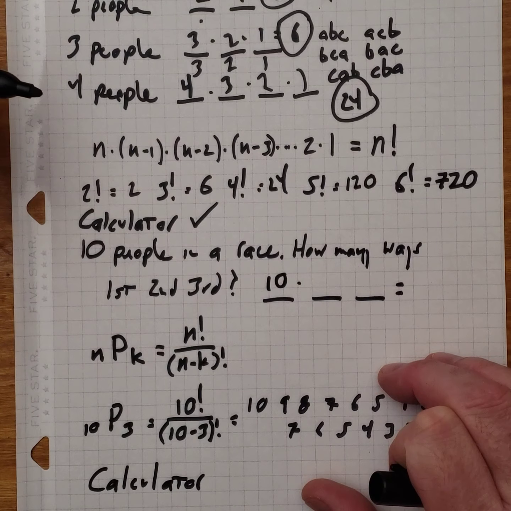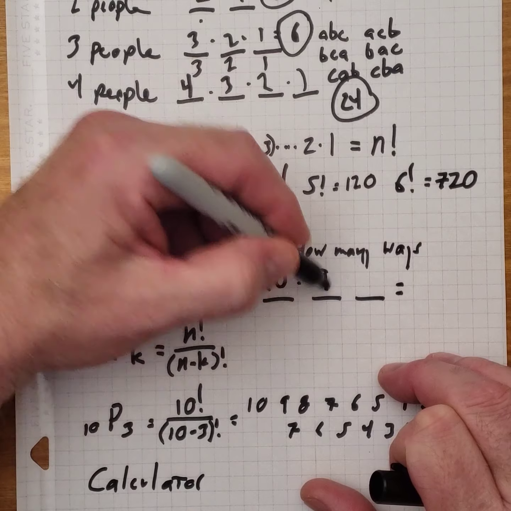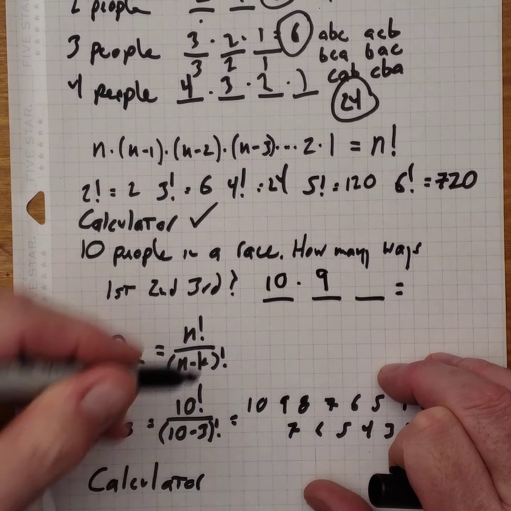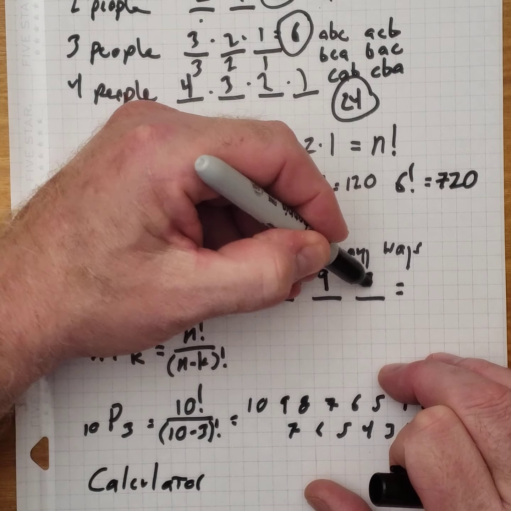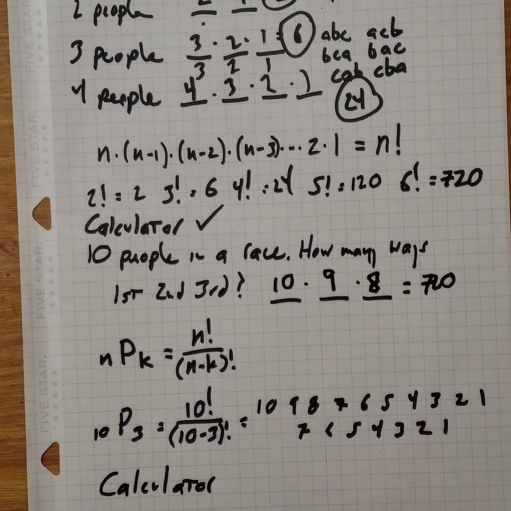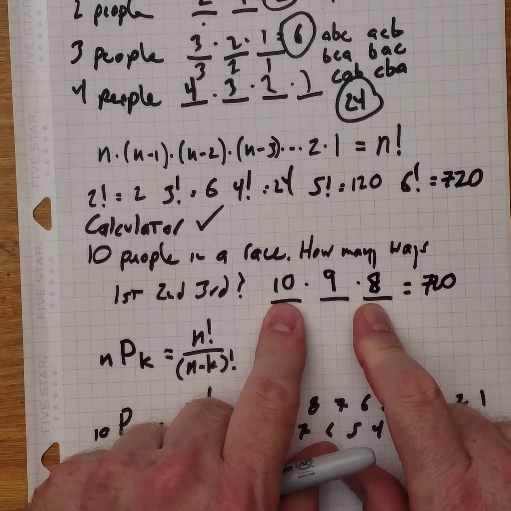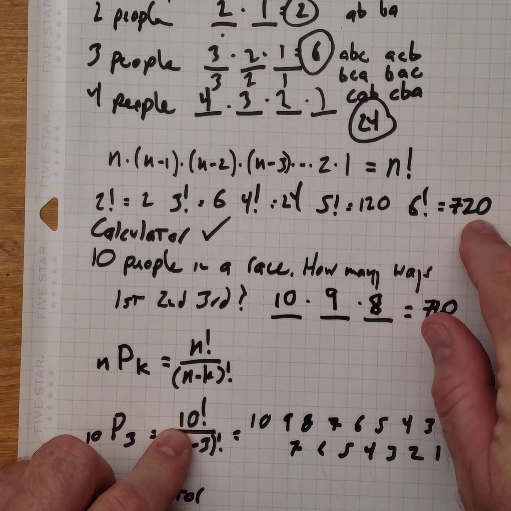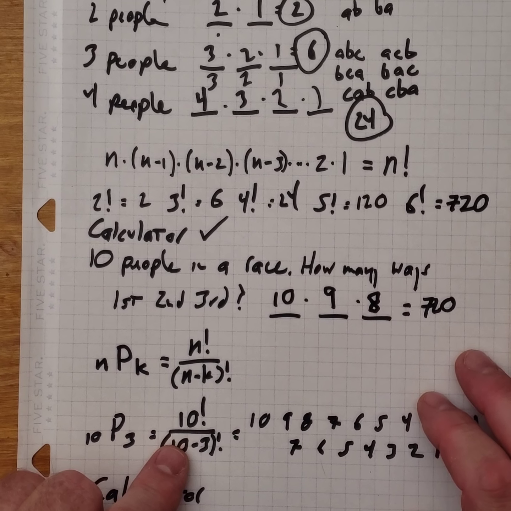And for second place, could be any one of the remaining 9. Right, and after the first 2 places have come in, there's 8 runners left for third place. And that is 720. That's fairly easy to calculate. 8 times 9 is 72, times 10 puts a 0 on there. It's the same number as 6 factorial, we just got it a different way.